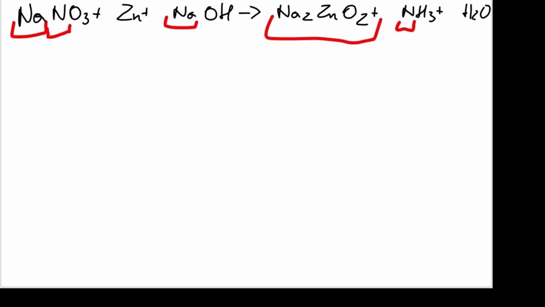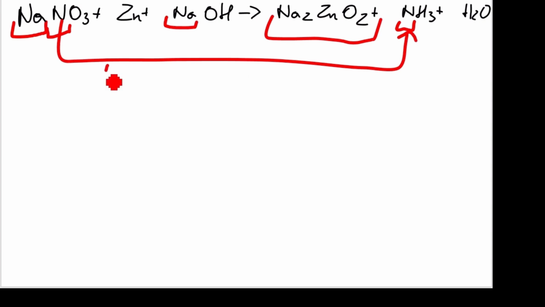We know now that nitrogen undergoes a reduction reaction from +5, because we already knew from the previously considered example that the nitrogen oxidation state in nitrate anion is equal to +5. In ammonia it is equal to -3. So nitrogen is reduced. Yes, the oxidation state of nitrogen is decreased.